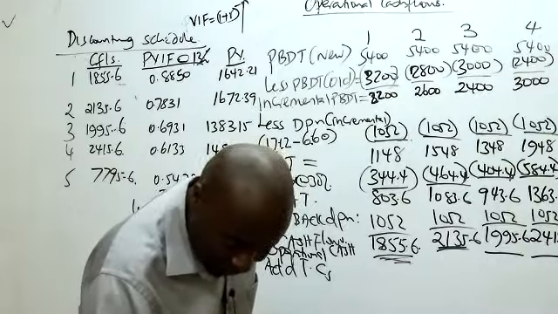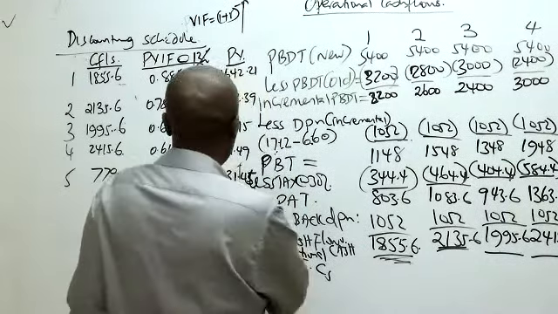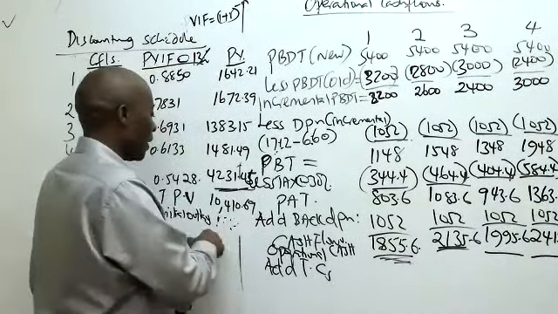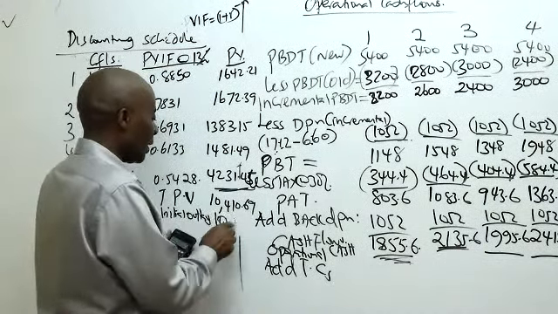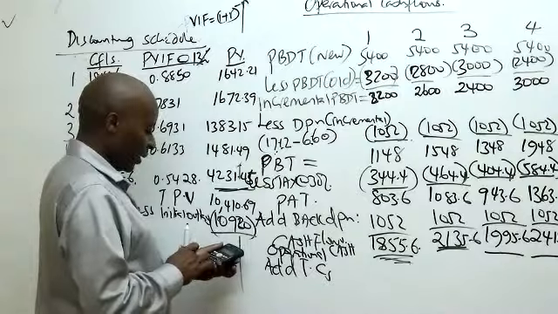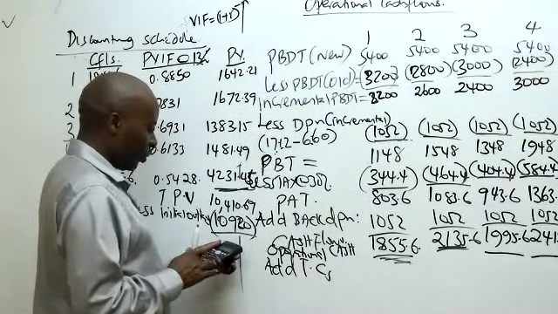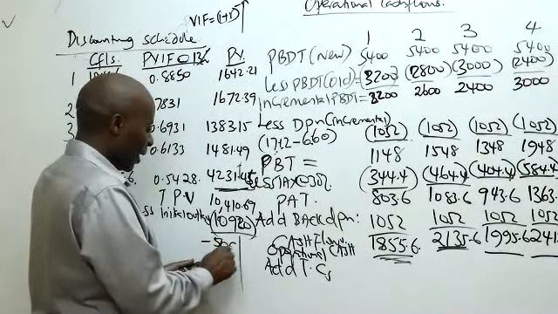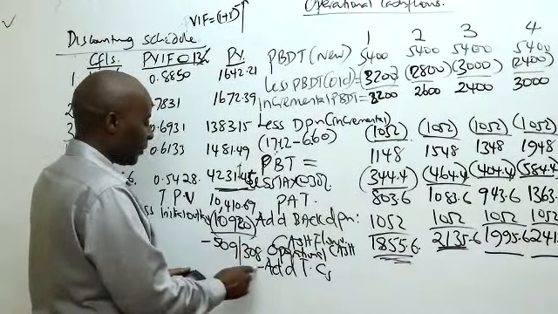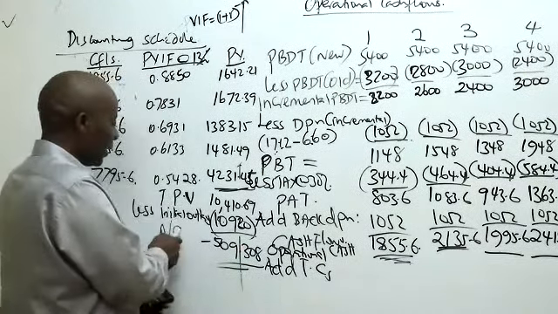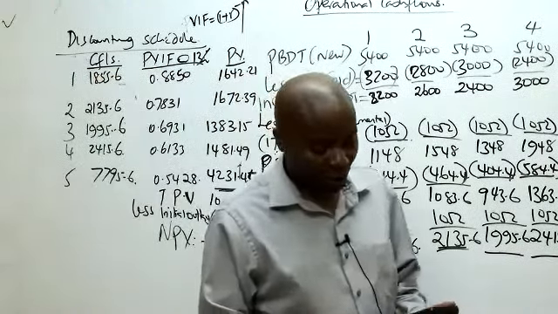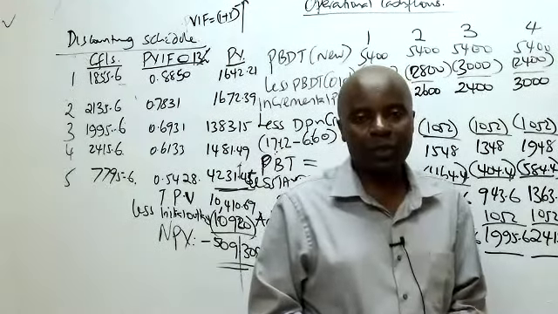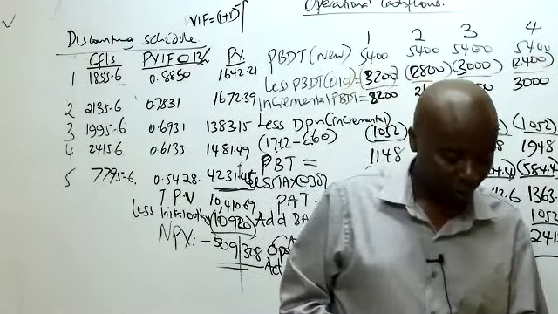It was 10,920. We subtract it. So we have here minus 10,920, which gives us minus 509.308 net present value. Meaning that this project is not viable. Don't replace. Do not replace.